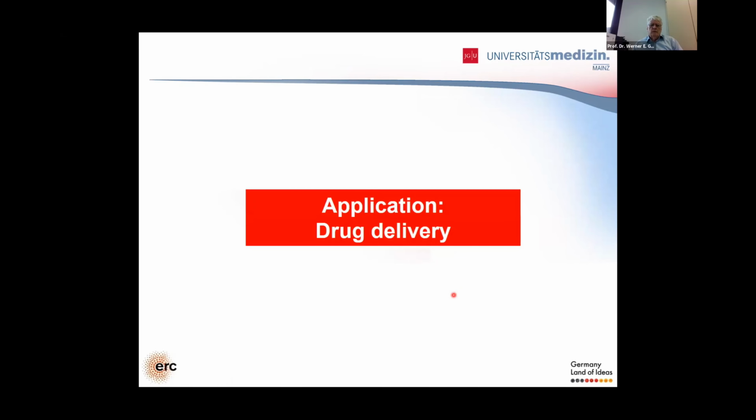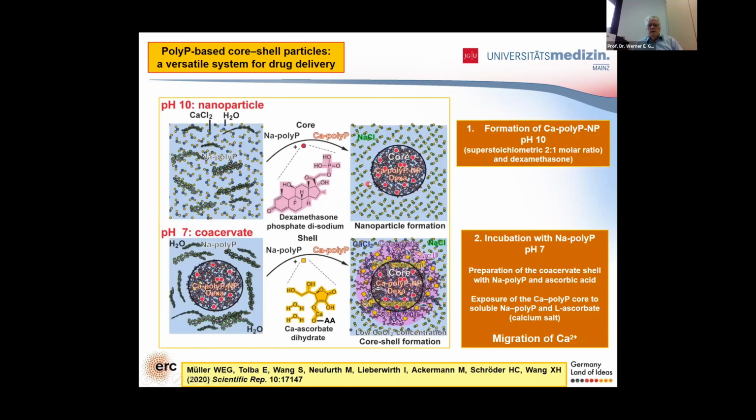Drug delivery, we can encapsulate in this polyphosphate because it is charged. We can encapsulate charged bioactive low molecular weight compounds like dexamethasone or ascorbate.